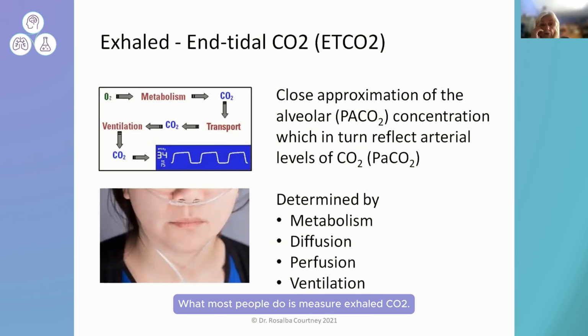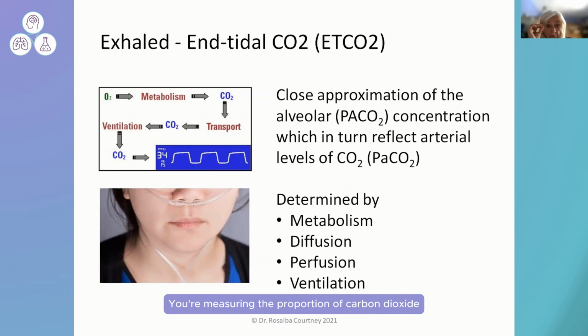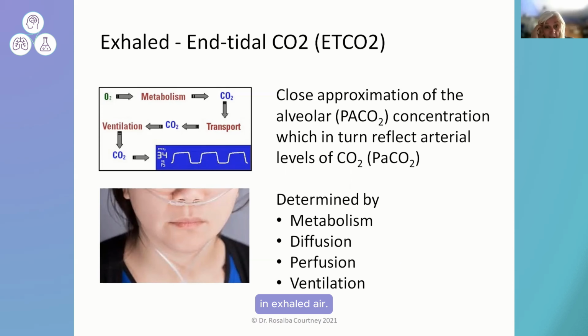What most people do is measure exhaled CO2. So it's called end-tidal CO2. You're measuring the proportion of carbon dioxide or the partial pressure of carbon dioxide measured in millimeters of mercury in exhaled air.